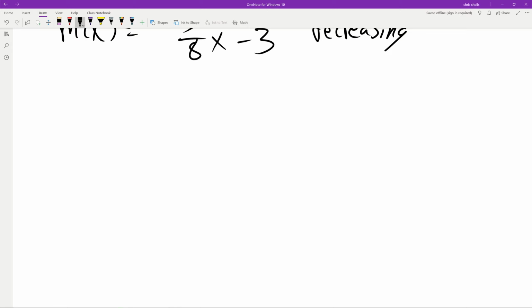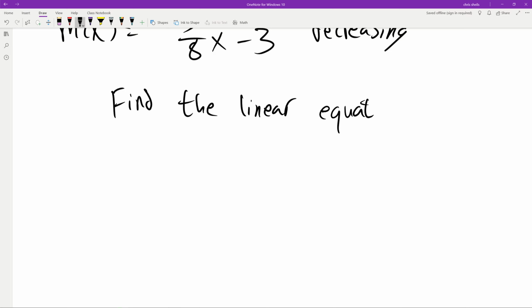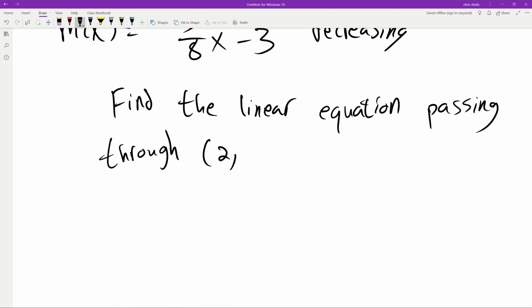And let's find a linear equation passing through the points 2, 4 and 4, 10.